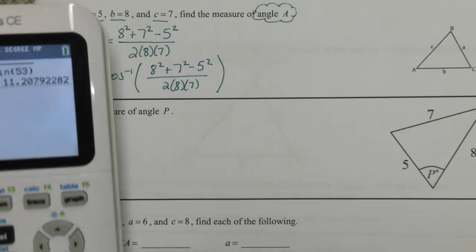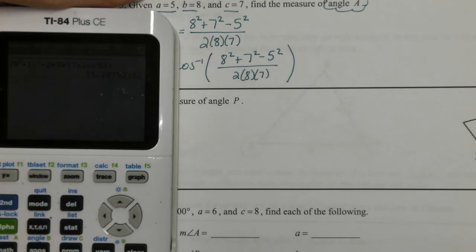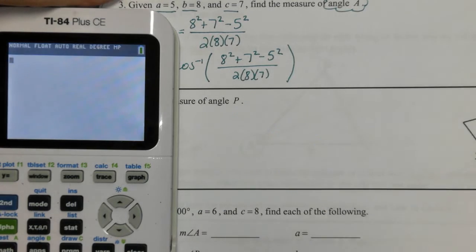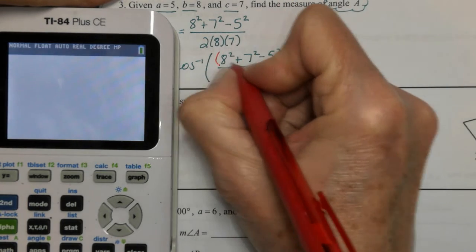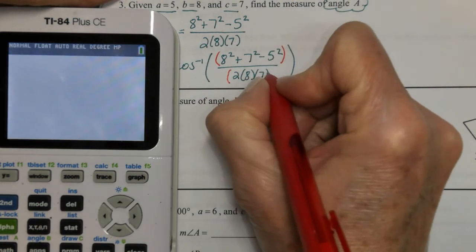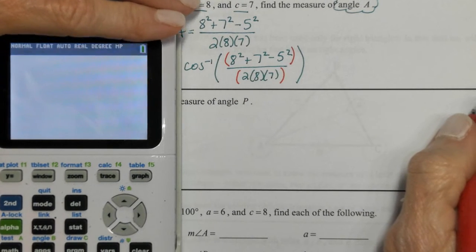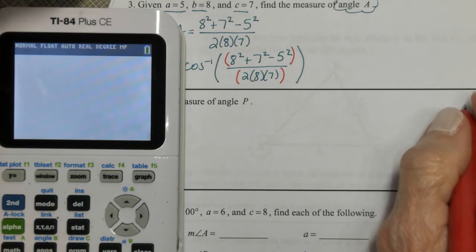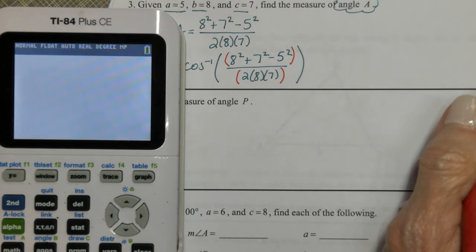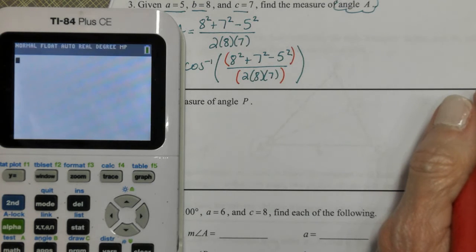We are going to need to use parentheses around the entire numerator and the entire denominator. Make sure you use parentheses around there. Okay? Otherwise, you will not get the correct answer. The calculator is going to do order of operations, and if you don't have those parentheses in there, it will not yield the correct answer.